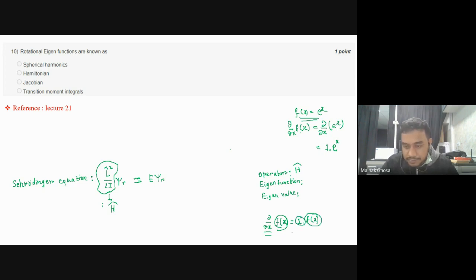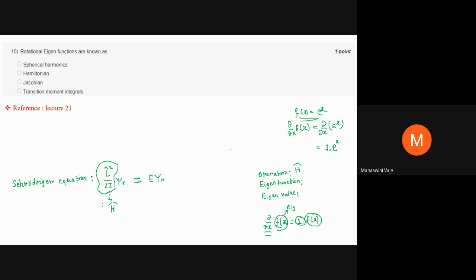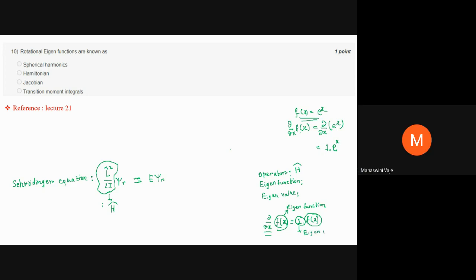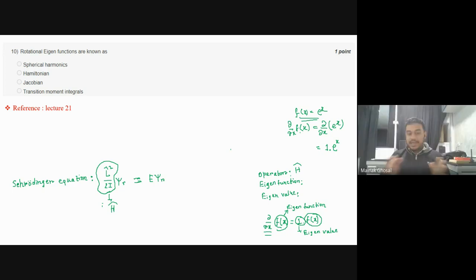So in this case, this is called an eigenfunction. And the value you obtain here, one, this is called the eigenvalue.